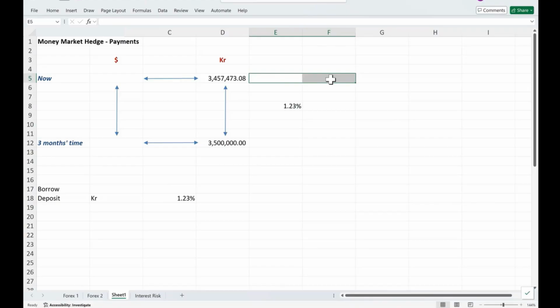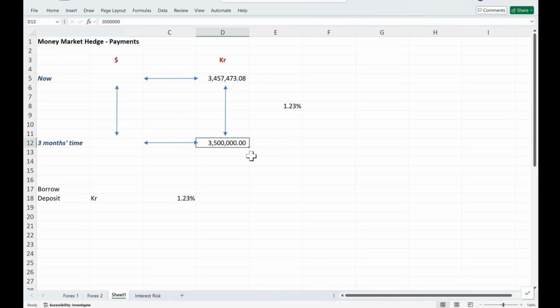Yes, sir. So always remember, when I am making a money market hedge for a payment in foreign currency, we have to make a deposit into a kroner bank account now, meaning today. So that much kroner we need. At this rate, we will deposit into a kroner bank account.